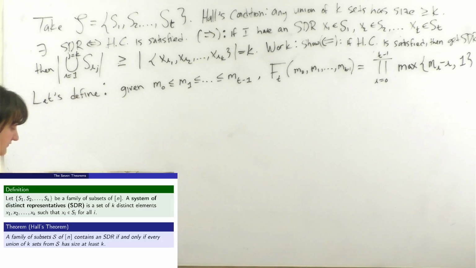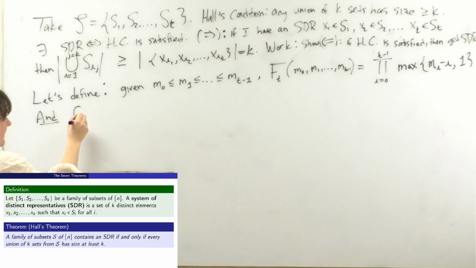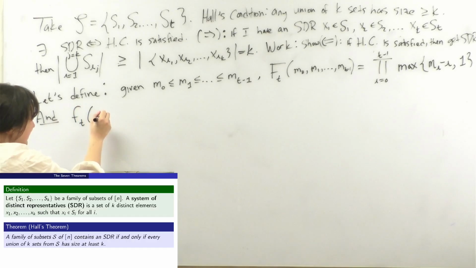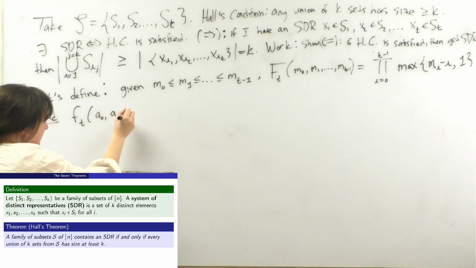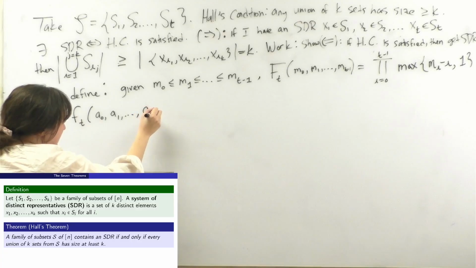Okay, so having things in non-decreasing order: if I have a list of numbers, I can always put them in non-decreasing order, but it might not be obvious that they start in that order. So we just define lowercase f sub t in a similar way.